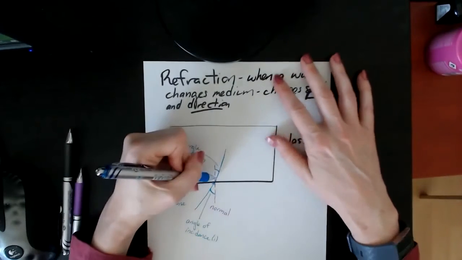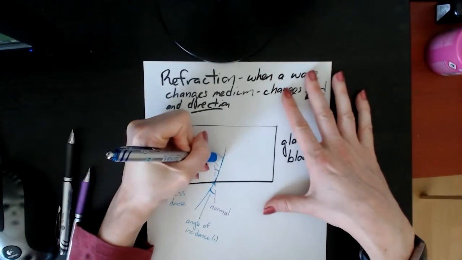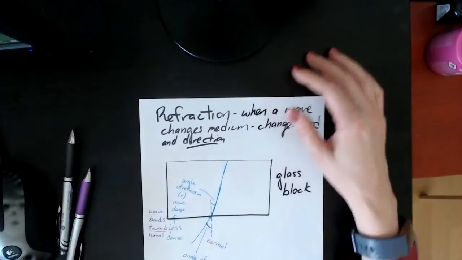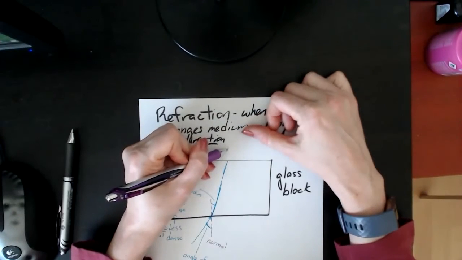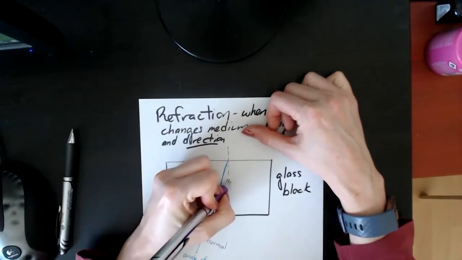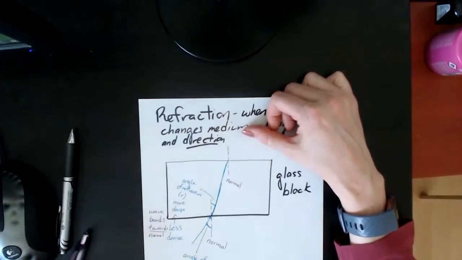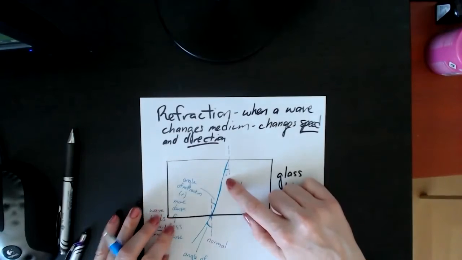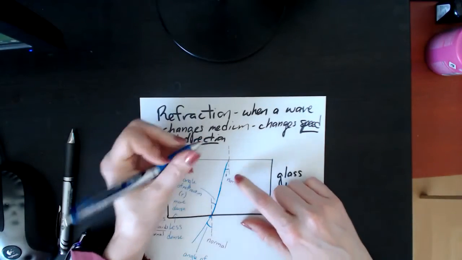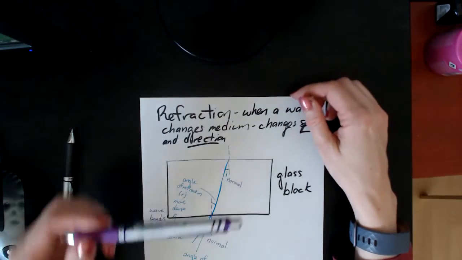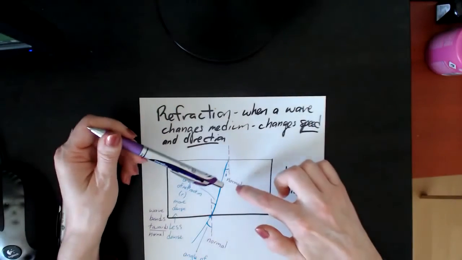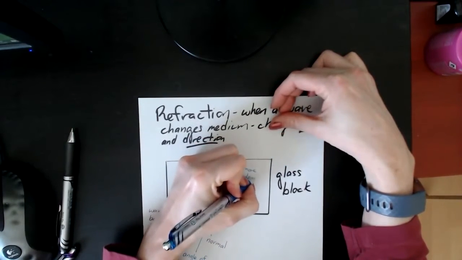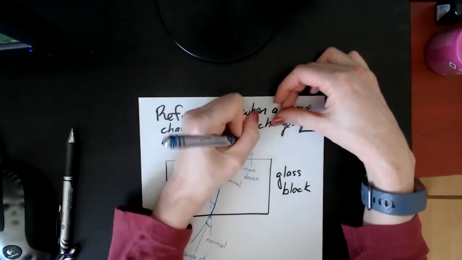All right, so then it travels through the block. Let's see if I can try to do this straight. Oh, not very well. Right, and then it hits the outside of the block. So again, I draw my normal here. Now, this angle is my angle of incidence, so that's i. You see that? And now it's going from a more dense medium to a less dense, back out into the air.